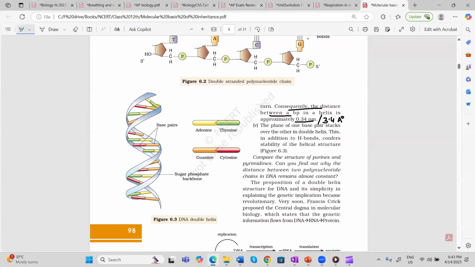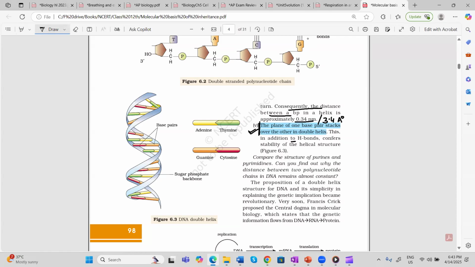Now, this is again very important. The plane of one base pair stacks over another. This property is a very important property which is giving stability to the helix. First, this is giving stability.